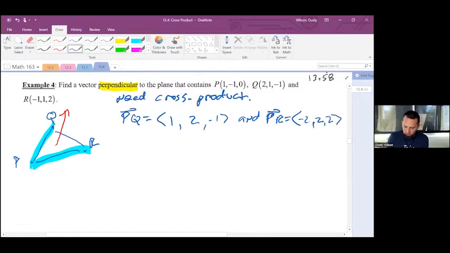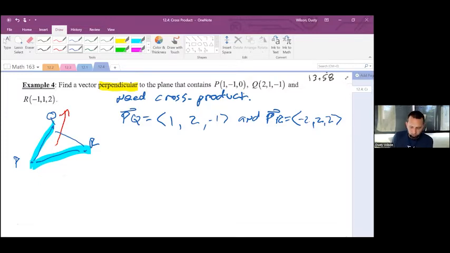Let me just double check these for a second. 2 minus 1 is 1, 1 minus -1 is 2, and -1 minus 0 is -1. Then -1 minus 1 is -2, 1 minus -1 is 2, 2 minus 0 is 2. Okay.